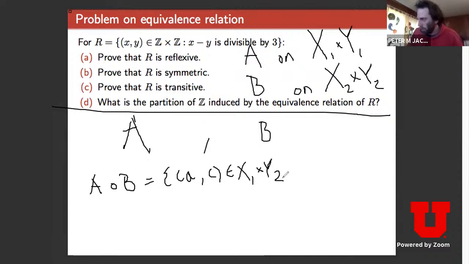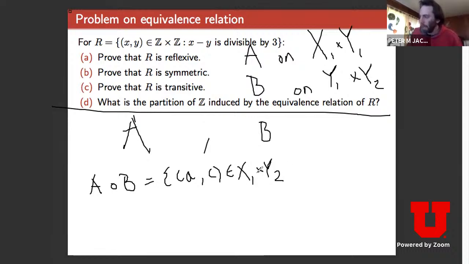Okay, I'm missing something here. Sorry, I just need to erase one little thing. So this needs to be y1. You can define the composition of relations as long as they have this input in common.